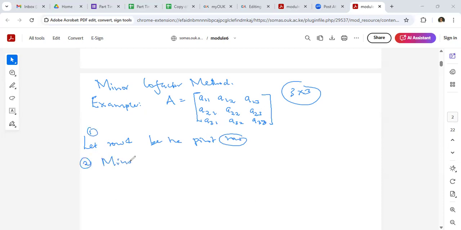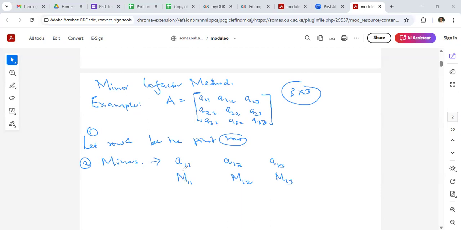And how do you find the minors? The minors corresponding to the entries in the pivot row: the minor corresponding to A11, the minor corresponding to A12, and the minor corresponding to A13. And we denote the minors by M11, M12, M13. So how do we find the minors?